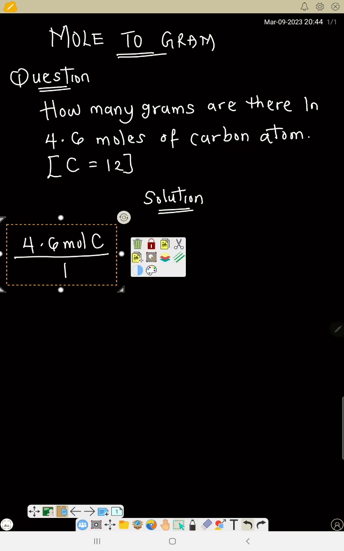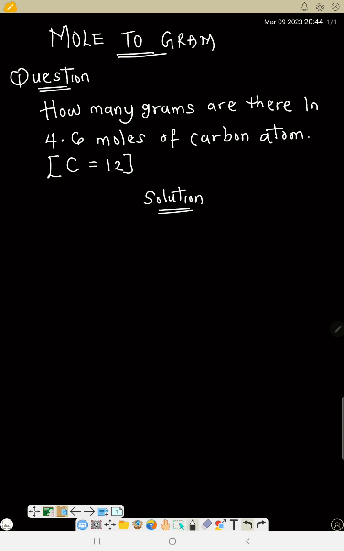According to the question, we have 4.6 moles of carbon. Now we want to know how many gram this will be. Meaning if I have 4.6 moles of carbon and I weigh it on a scale, how many gram is it going to weigh?